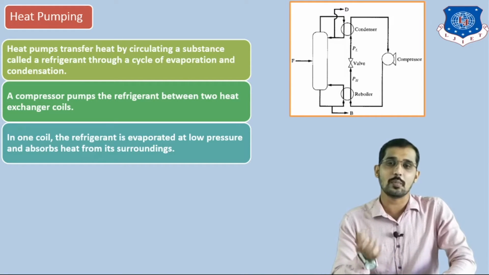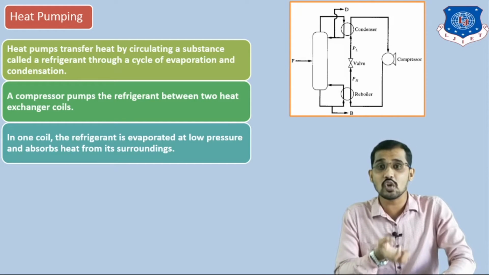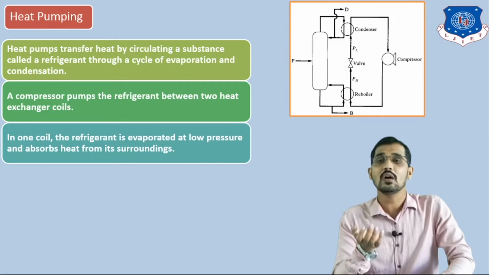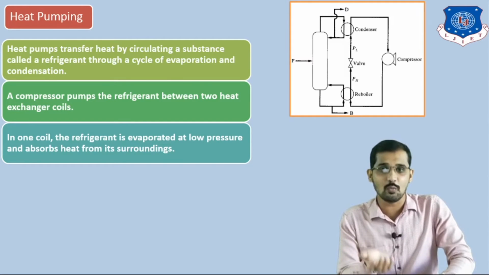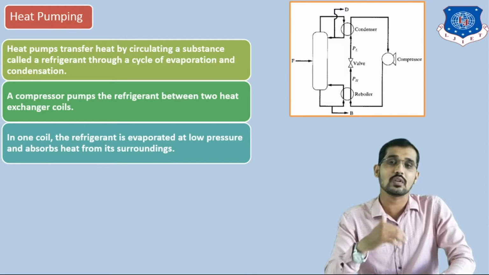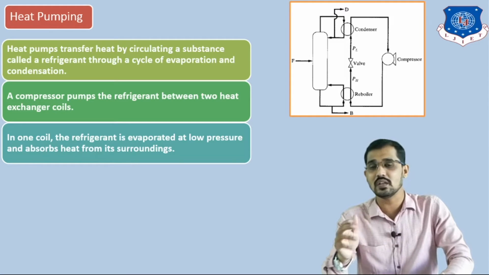Means whatever evaporation of the refrigerant takes place is taking place in the reboiler. At the same time, it absorbs heat from the surroundings. Means that's why the temperature of the refrigerant increases in the reboiler. After that, it is transferred to the compressor. After that, for the condensation purpose, it is sent to the condenser. We will see that also in the next point now.